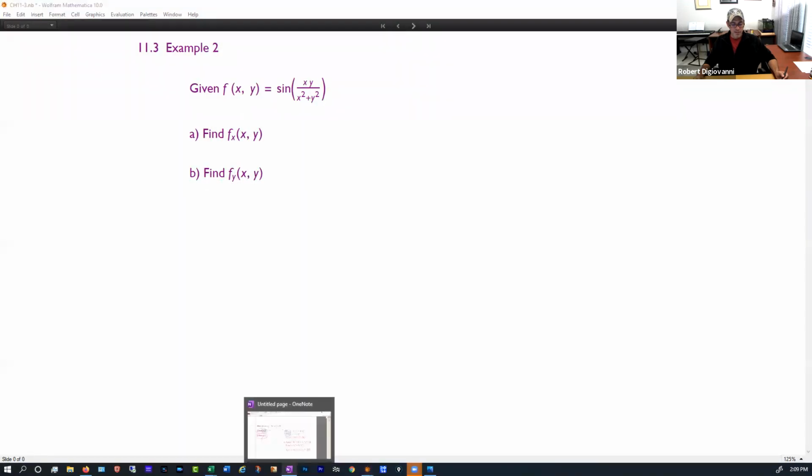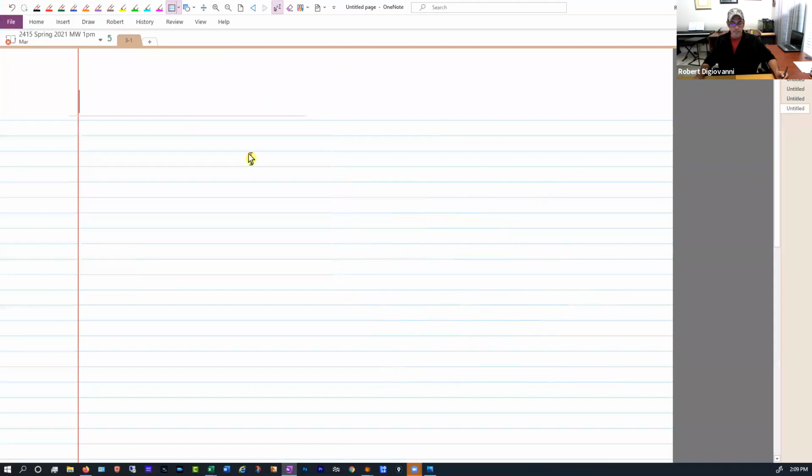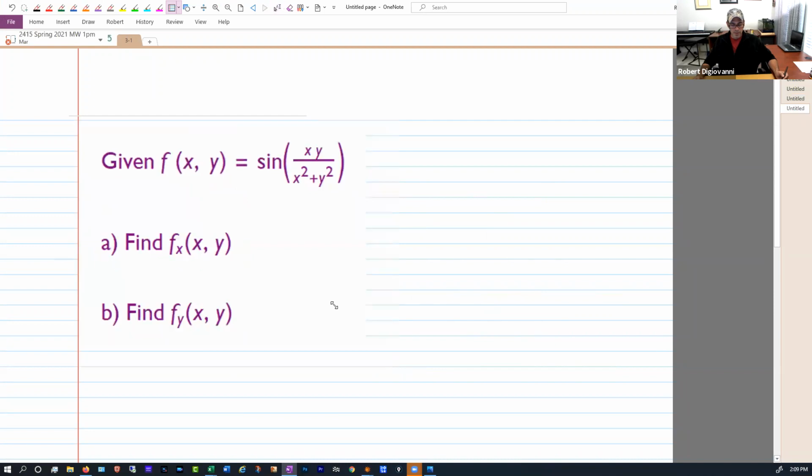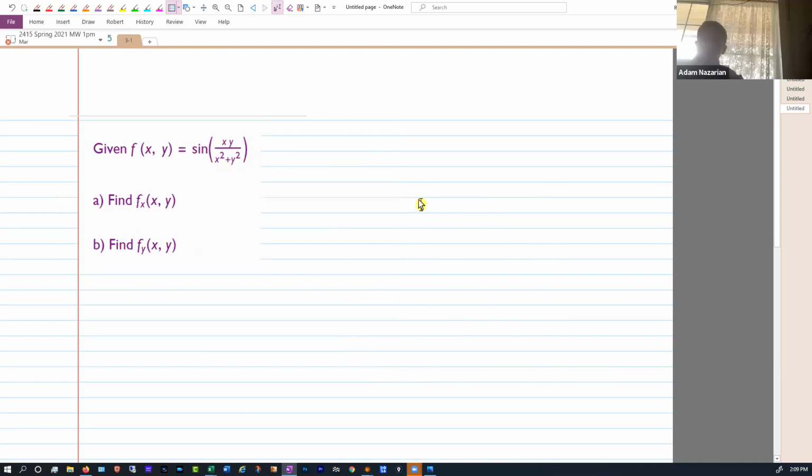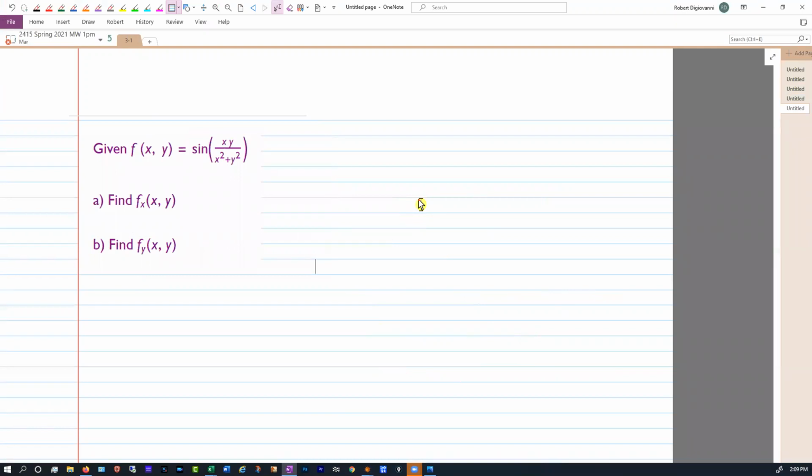And as we take derivatives here, we're going to need to be thinking about which rule? The quotient rule and the chain rule, right? Okay, so I'm going to go through this first one. Let's see how this goes.